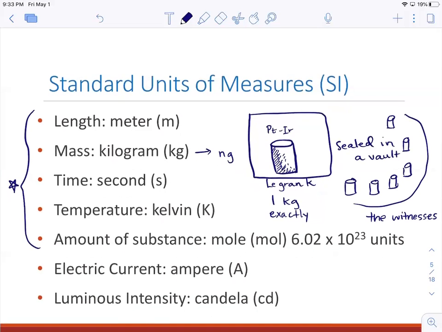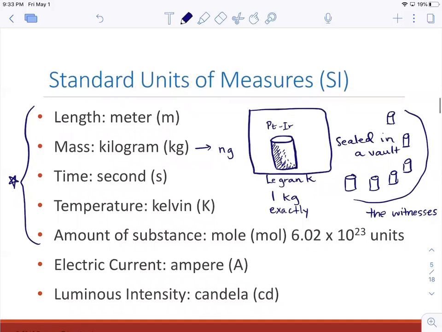It stayed there under glass. And every time they would come out and measure the witnesses next to Lagrange, they would polish Lagrange and take care of it. And they realized over time, and what spurred them to change the definition and not actually use Lagrange anymore, is that when they would polish it, little by little, atoms of the platinum iridium alloy would come off.